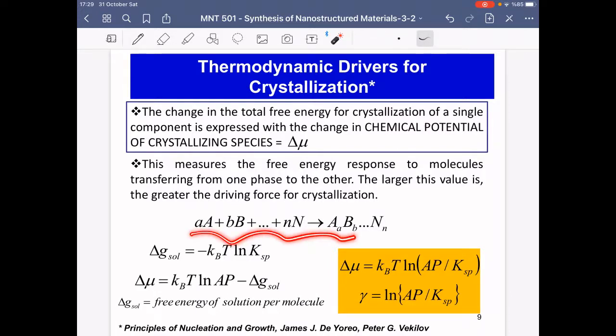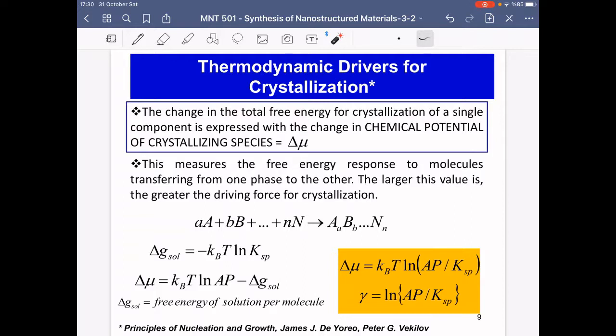And let's say this is my phase transfer reaction. Okay, I have these different components, which in turn form one bulk solid, for example. And the Gibbs chemical potential is described by this relation here. This is like the products minus the reactants. And then if you try to express this in thermodynamics, you end up getting this expression here.